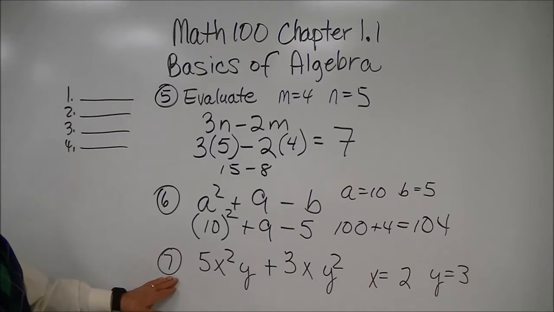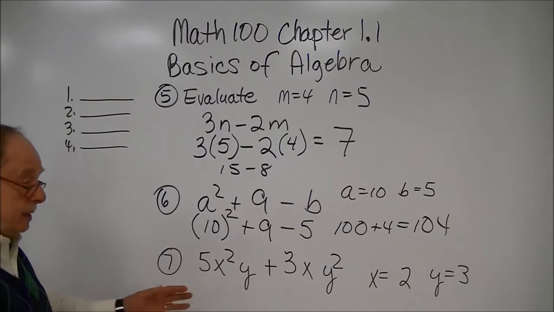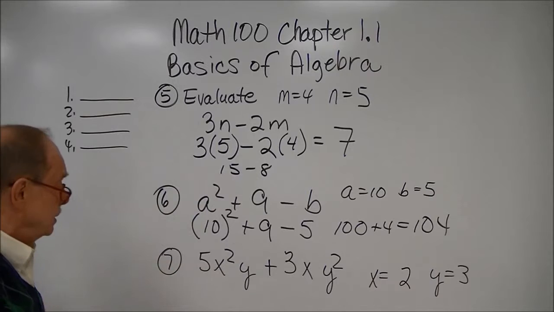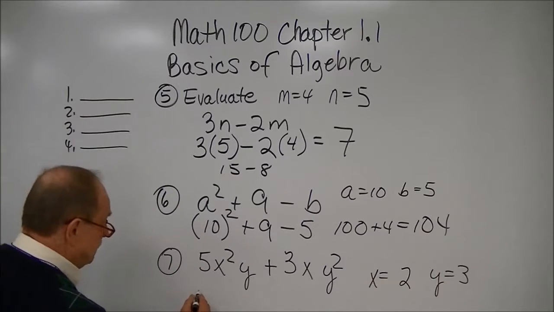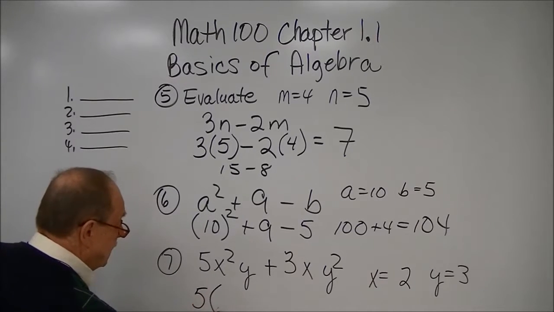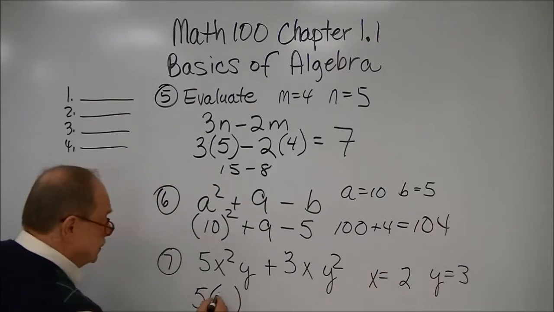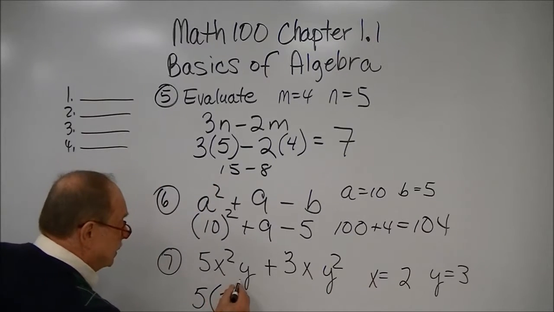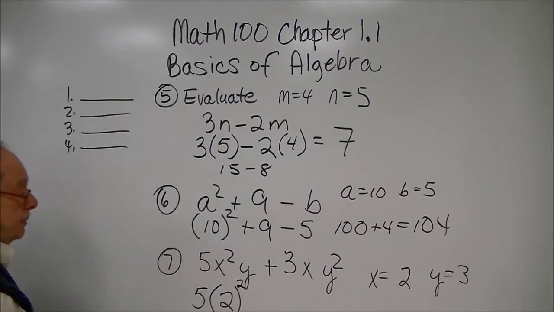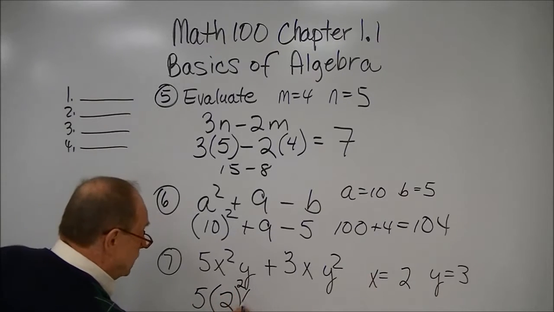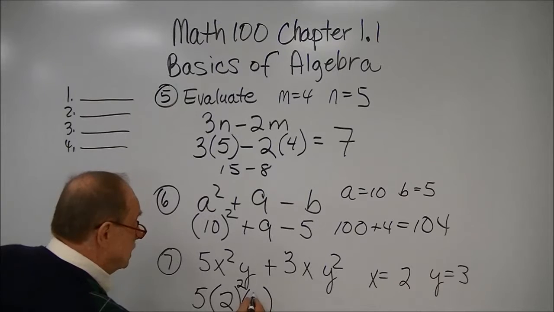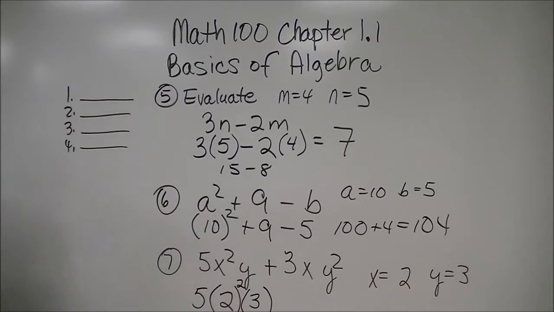Now in number 7, notice it gets difficult already, but hopefully you've developed a pattern of how to do it. You're going to put the 5, parentheses for the x, and we say the x is 2. We're going to square that 2. Then we're going to put a y in there in parentheses as a 3.